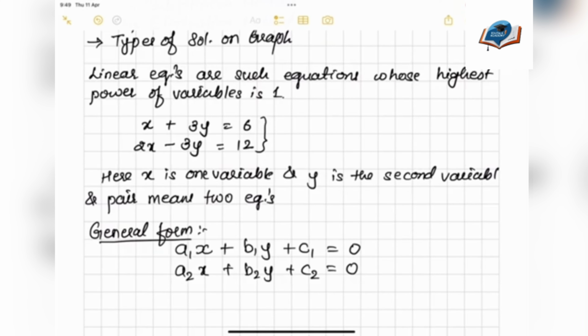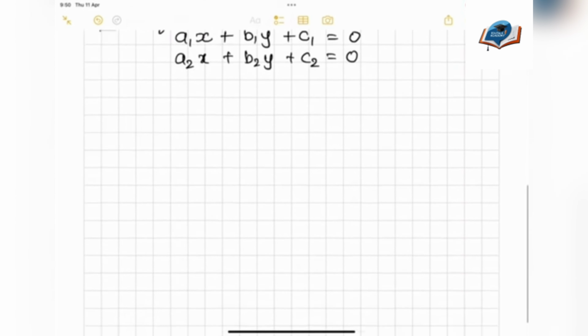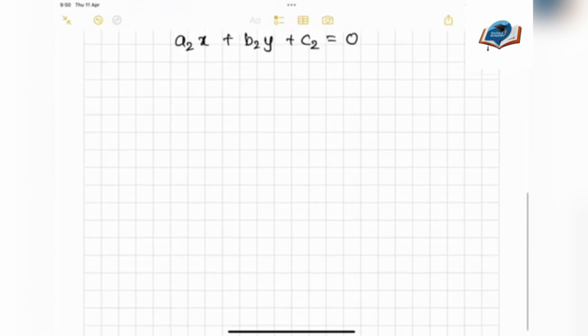That means in the first equation, the coefficient of x is a1, the coefficient of y is b1, and the constant is c1. Same way in the second equation, the coefficient of x is a2, the coefficient of y is b2, and the constant is c2.